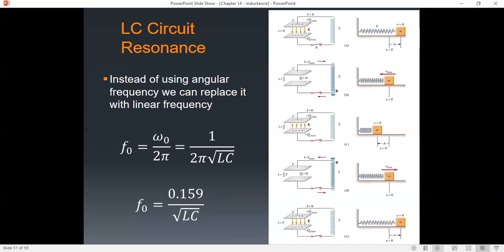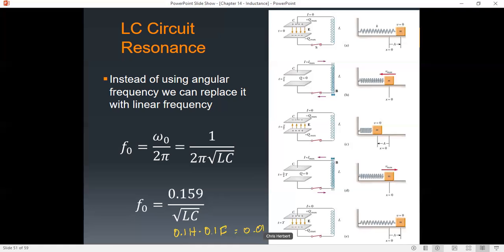Let me put instead an inductance of 0.1 Henry, a capacitance of 0.1 farads. That's still a very large inductance, a very large capacitance. 0.1 times 0.1 is equal to 0.01.